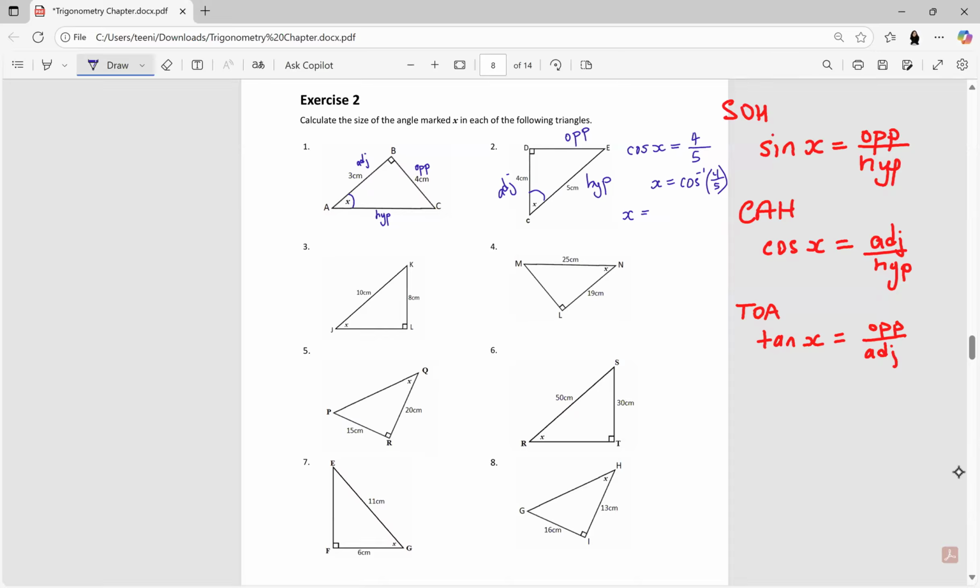I'm not seeing the fraction button, so you could just put 0.8 instead, because 4/5 is 0.8. Then press equal and tell me what you get. So cos inverse of 0.8.